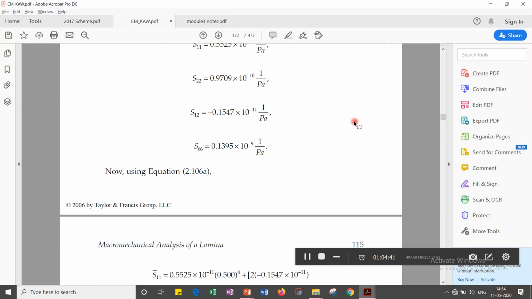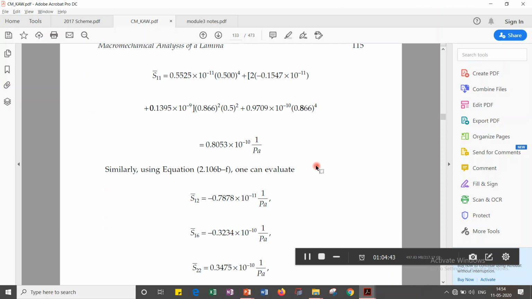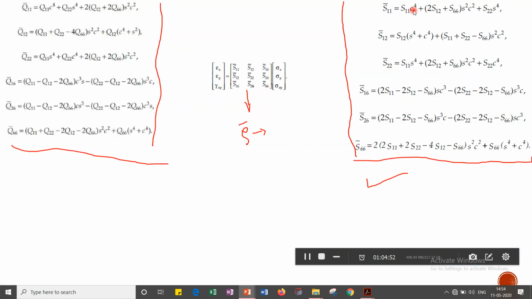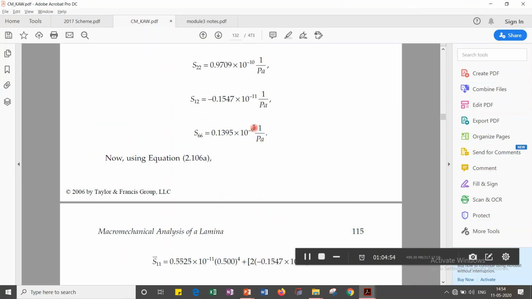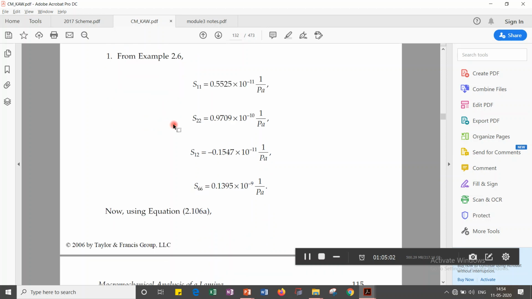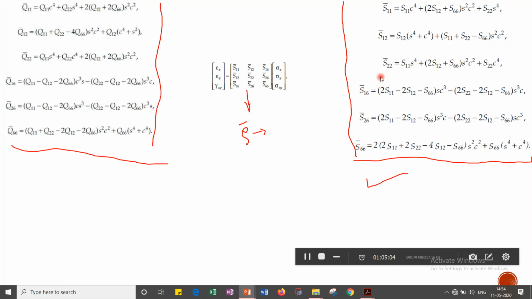Let us do that part, where I substitute S11, S12 and all those terms, multiplied by C to the power of 4. Before that you should calculate what is C and what is S. C is cos 60 degree, 0.5, and S is sin 60 degree, 0.866. If you substitute the C value and S value and do the squaring, I can calculate all these terms.